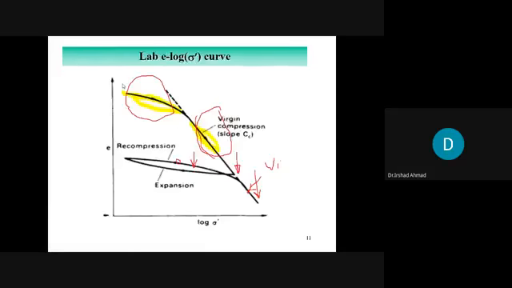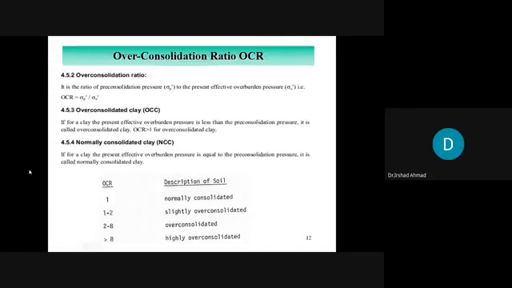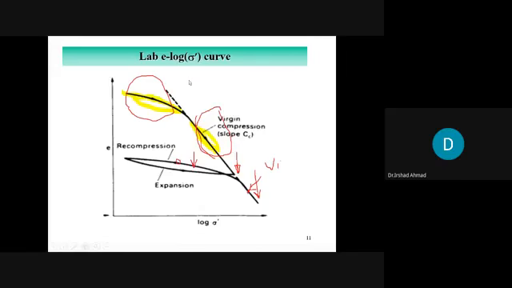Let's, on the basis of this curve, define a few terms. This past pressure is called pre-consolidation pressure. I told you that there is a fill material, for example, previously on the ground, which has imposed some stresses, right?